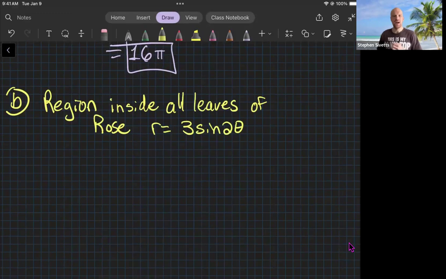Try to figure out how to compute the area of this region, and that will involve drawing the polar graph of 3 sine 2 theta.